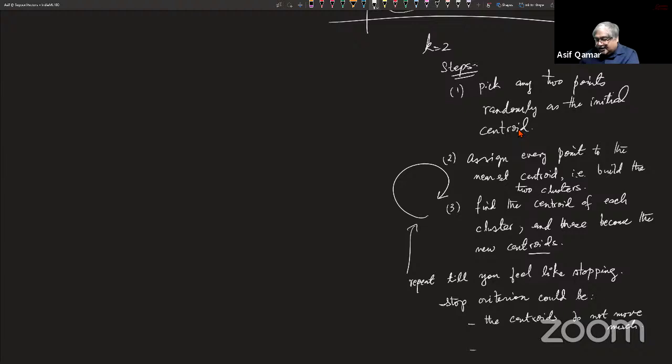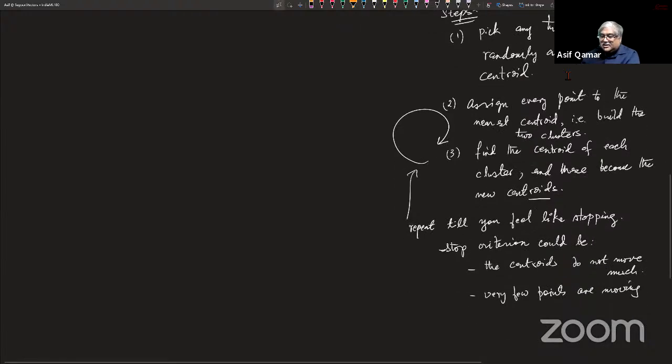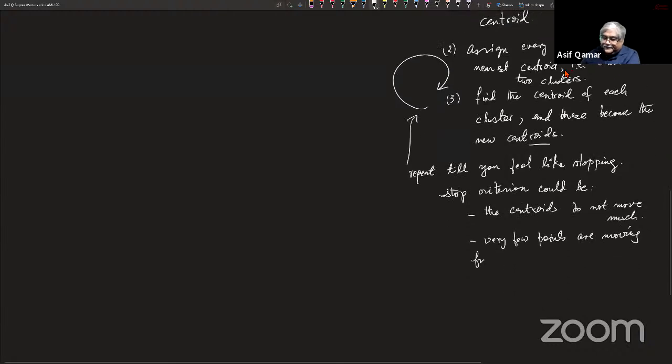Or it could be that very few points are changing loyalties, like very few points are moving from one centroid to another, from one cluster, I should say, to another. Are we together?